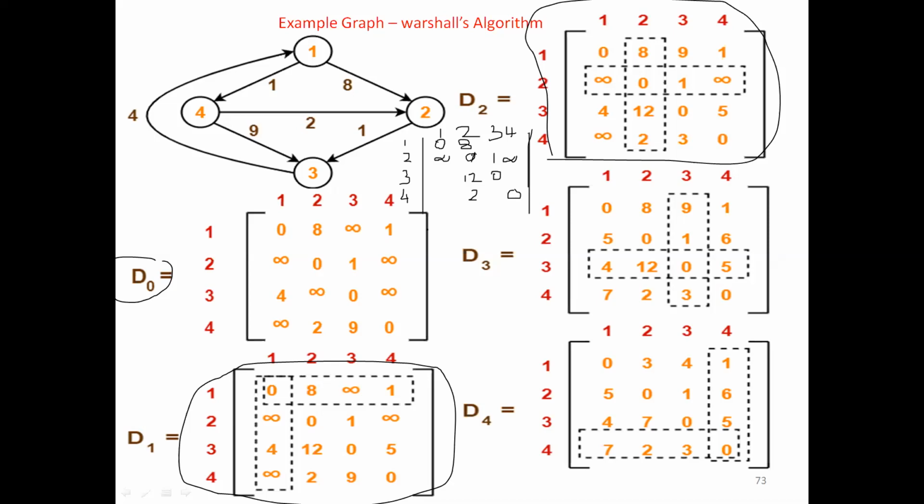So where should I fill now? I'll mark the cells to fill as square boxes, taking the second vertex as the intermediate vertex. Each row has 2 cells to fill.